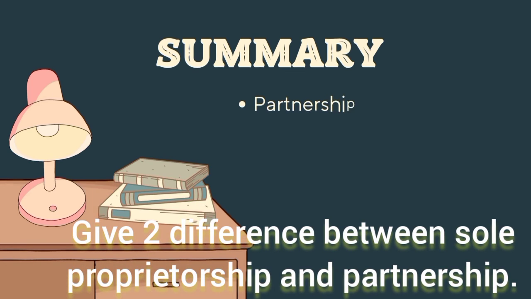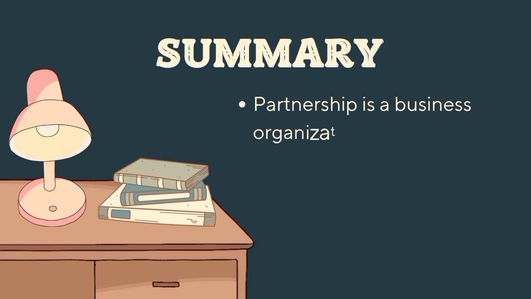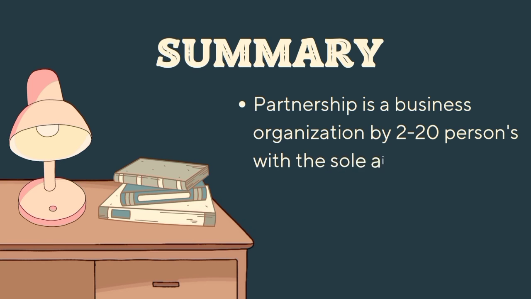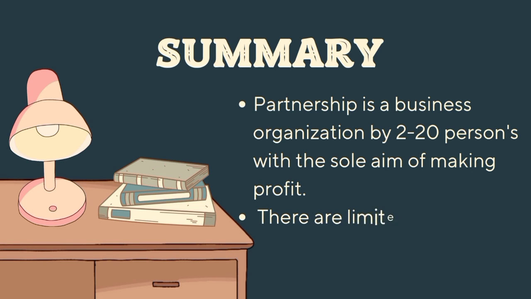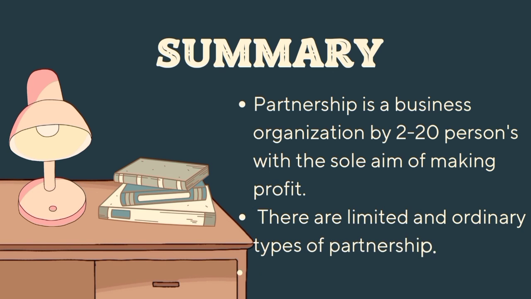Remember that partnership is a form of business organization in which 2 or more individuals combine to own and run a business solely for making profit. All right? And then we have 2 types of partnership. They are referred to as the limited and ordinary partnership.